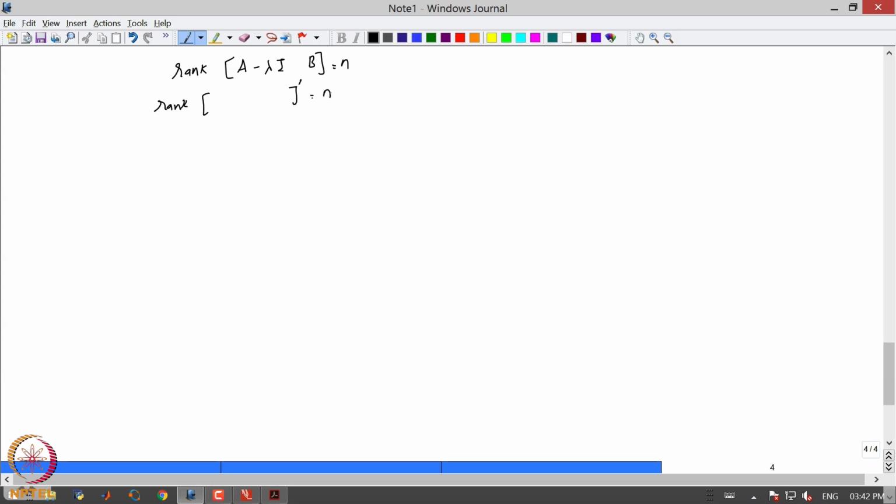Now, if I look at the rank nullity theorem, I can write this as the dimension of the kernel of the transpose, for an obvious reason, A transpose minus lambda I, B transpose, plus the rank of the same thing, A transpose minus lambda I, B transpose, is equal to n.